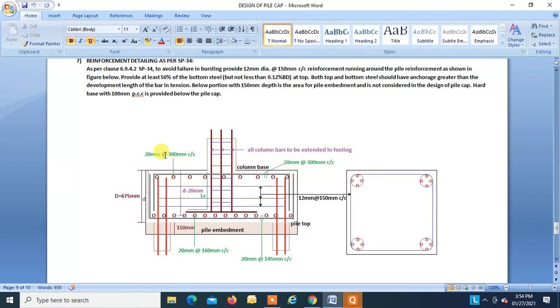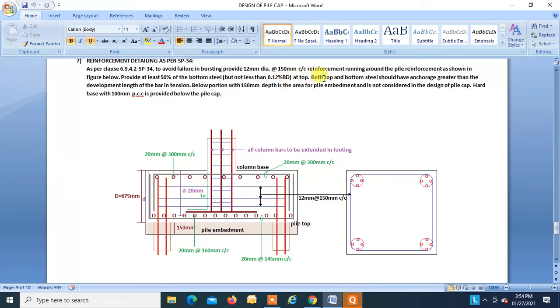But please remember, the steel area along the x-axis and along the y-axis should not be less than 0.12% of the overall section of the pile cap, that is 0.12 percent of BD, where capital D is the overall depth.